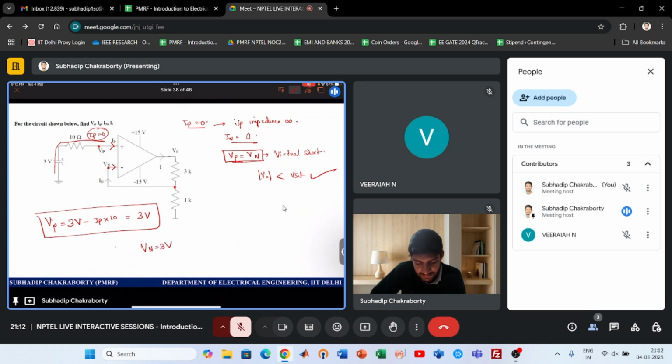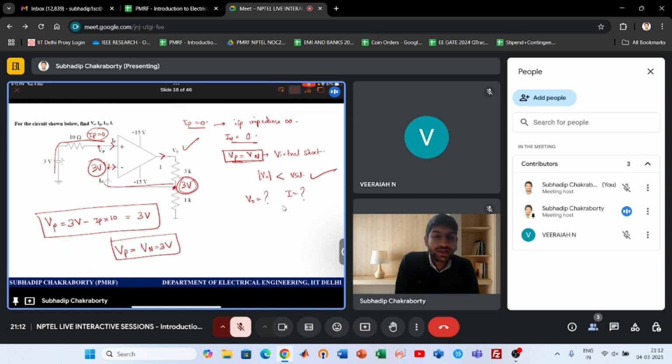So Vn is also 3 volts because Vp equals Vn. If Vn is 3 volts, this point is sitting at 3 volts. So can you tell me what is V0? And can you also tell me what is I, based on this information that this node is sitting at 3 volts?